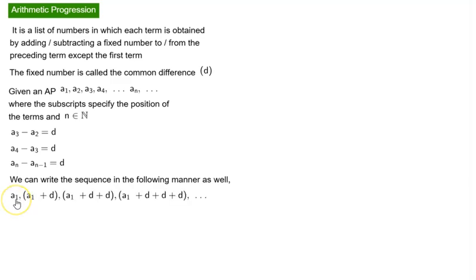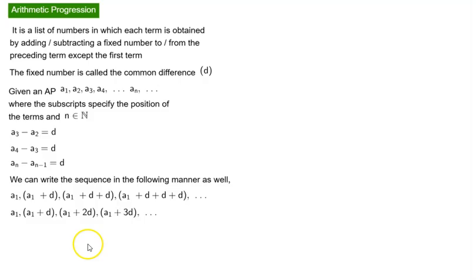We can start with A1, that is our first term. Second term will become, because of the common difference, A1 plus D. Third term will become A1 plus D plus D. Fourth term, A1 plus D plus D plus D, and so on.